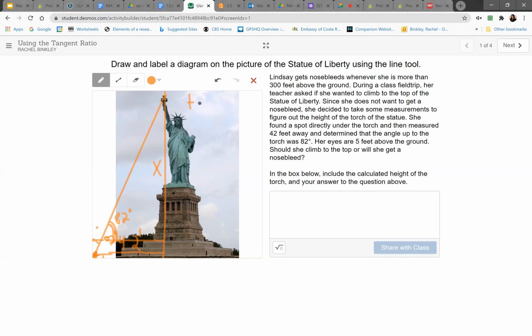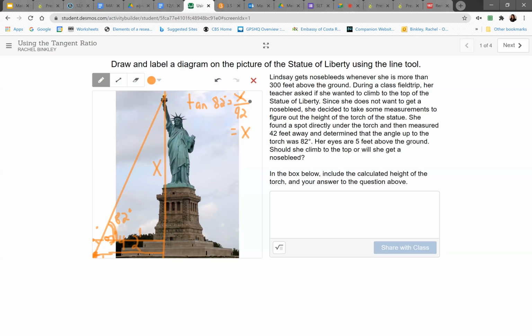So we know the tangent of 82 degrees is equal to x over 42. So to figure out x, we need to get x by itself.